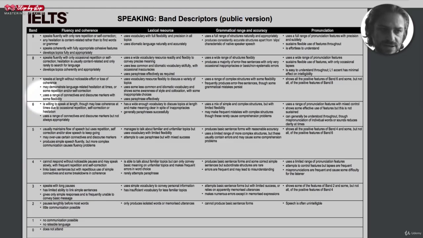Now let's start, for example, at a band 6 and have a look at what they're looking for. First of all is something called fluency and coherence. This is making sure that you speak relatively fluently, you don't have hesitation, you don't repeat yourself, and you use what's called discourse markers or signposters that help to navigate the listener to what you are trying to say.